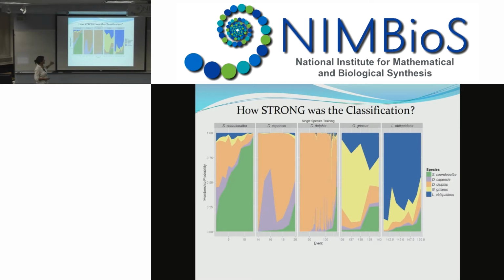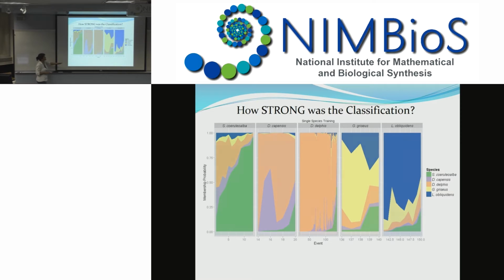So we've got some visualizations to help us understand that. In these plots, there's 1 for each species, and in a vertical slice, that would be an event. And the color is kind of the proportion of votes or trees that voted for that species. So you can see different events had different strengths of their classification.